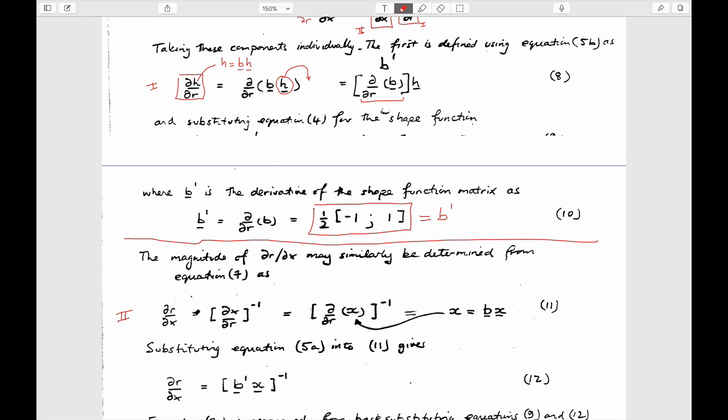We want to get the derivative of r with respect to x. It's not so easy to do that, but what we could do is say the derivative of r with respect to x is equal to 1 over the derivative of x with respect to r. Just the reciprocal, right? Just writing it upside down.